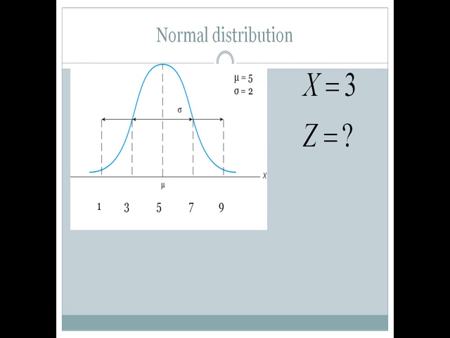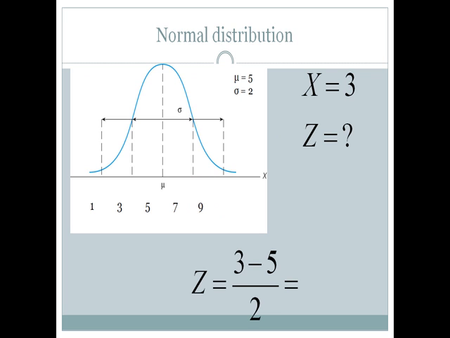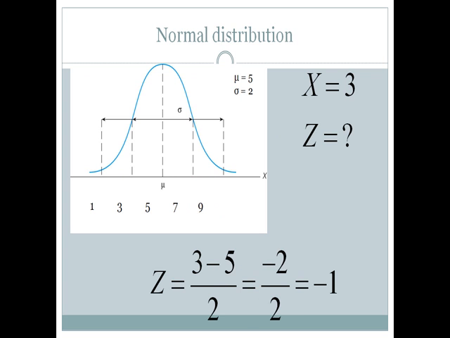Let's go through a couple more examples just to make sure everybody's following along. If we have a raw score of 3, what would the z-score be equal to? That's correct. Plug it into this formula, and we end up with a z-score of -1 for a raw score of 3 for this distribution.